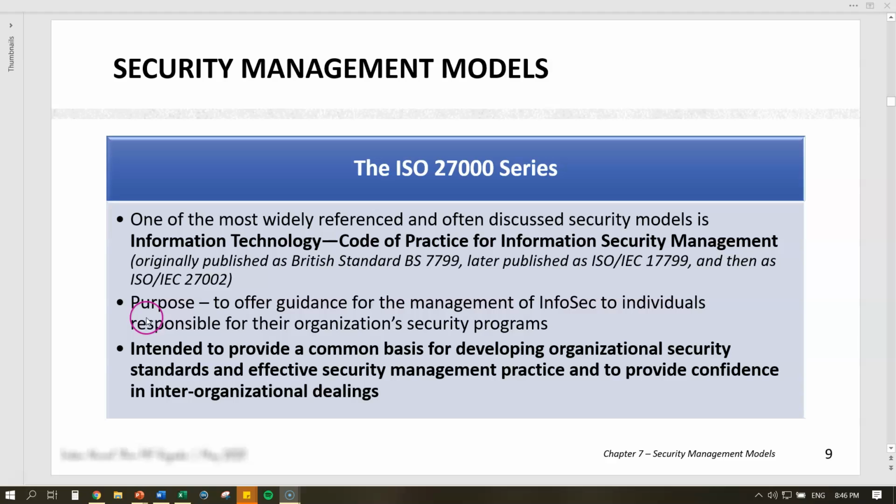The purpose of these models is to offer guidance for the management of InfoSec to individuals responsible for their organization's security programs. Maksudnya, kalau ada siapa-siapa company yang nak develop security management model ni, the best way is to follow the ISO 27000 series.